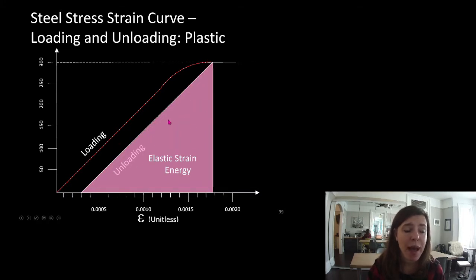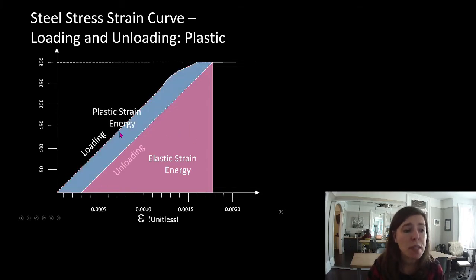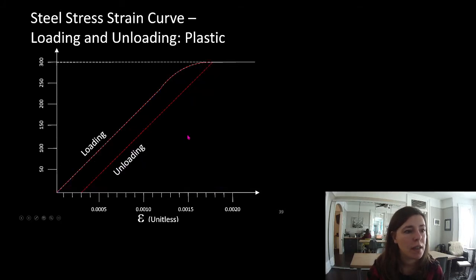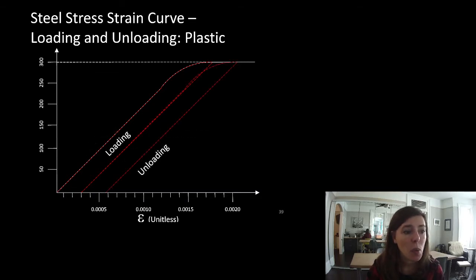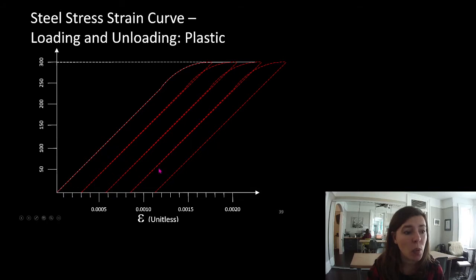This was the amount it rebounded, or the elastic strain energy. This was the energy that reverted back to its original shape. This was the plastic strain energy, or the amount of energy that went into its permanent deformation. That is our residual strain. We can load it and unload it, and it will keep doing that.